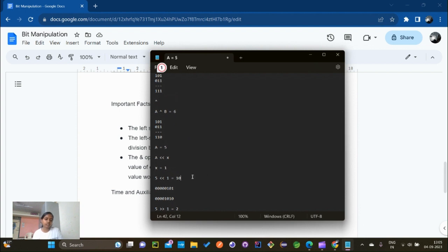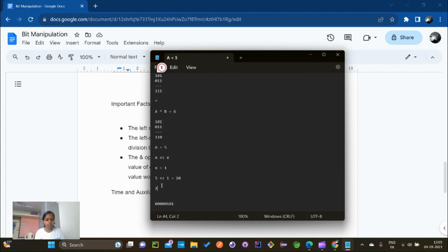Just understand what I'm trying to say. If we are using the left shift, then we can map this with multiplication or division. We'll do multiplication by 2 if it is a left shift, and not only by 2, but by 2 power x.